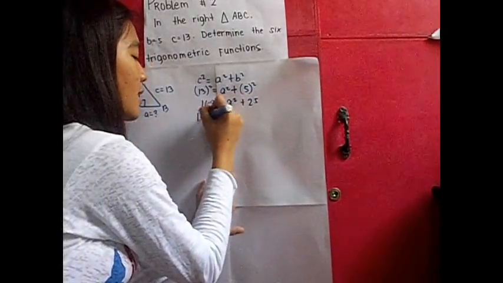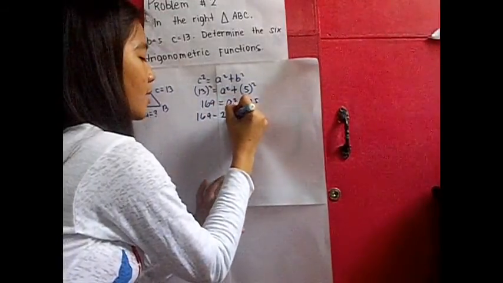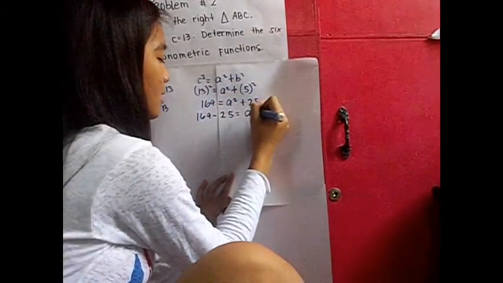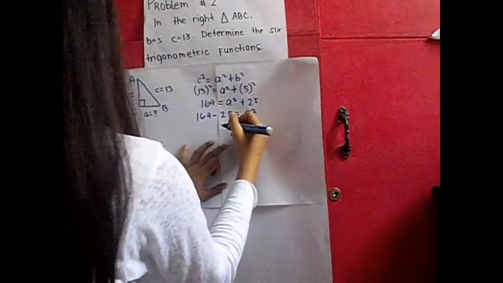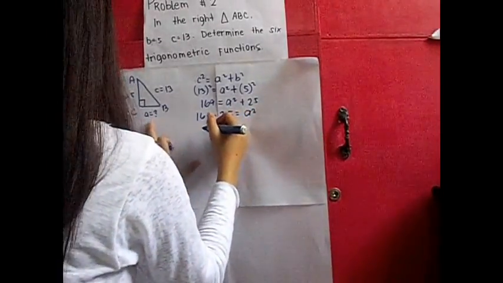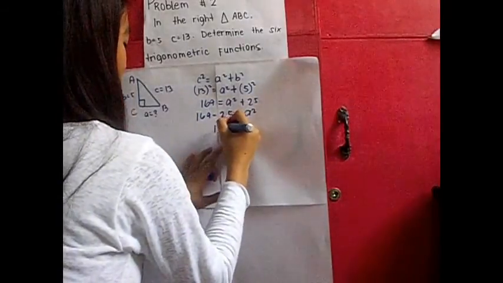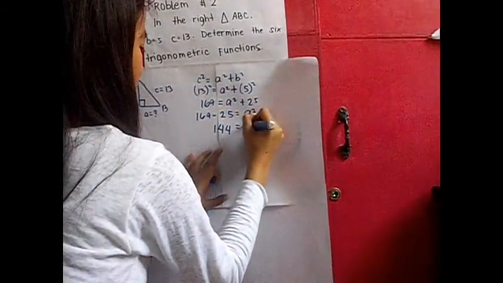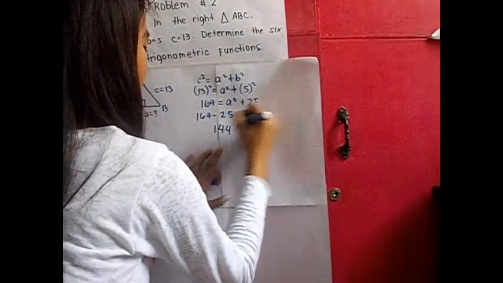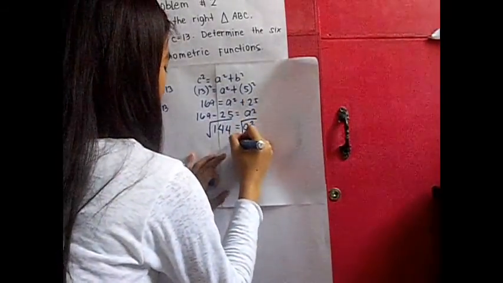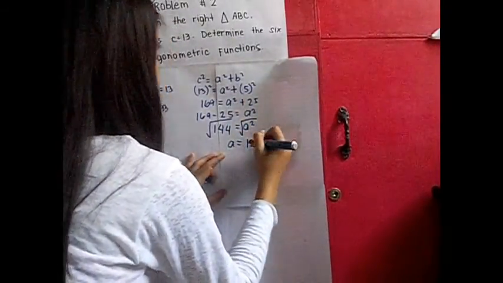Transpose: 169 minus 25 is equal to A squared. 144 is equal to A squared. A is equal to 12.